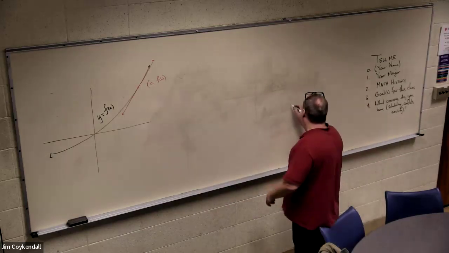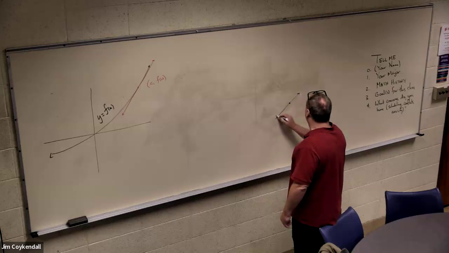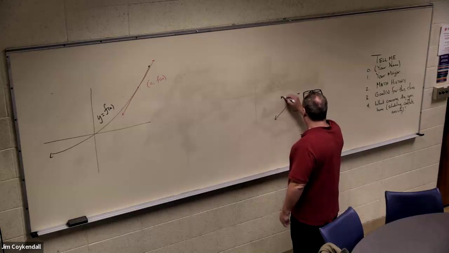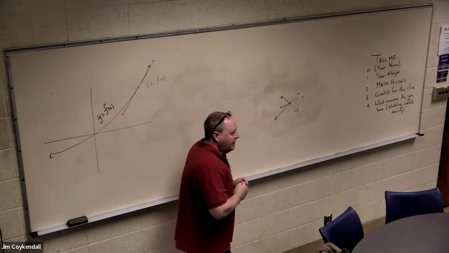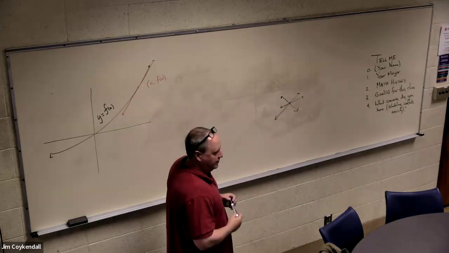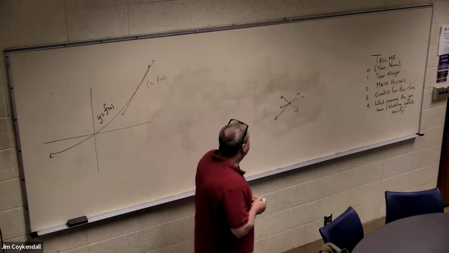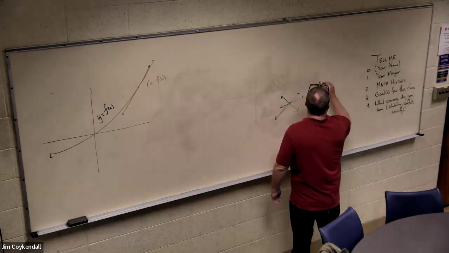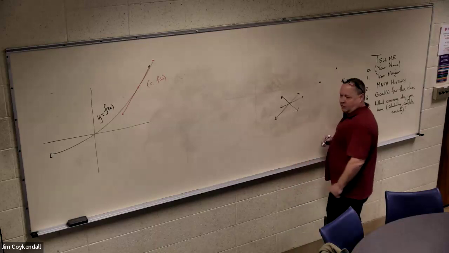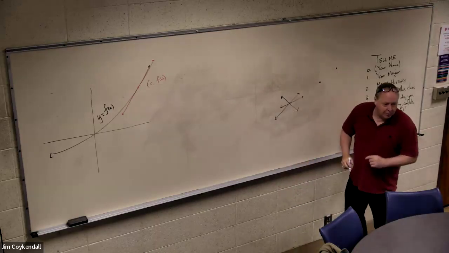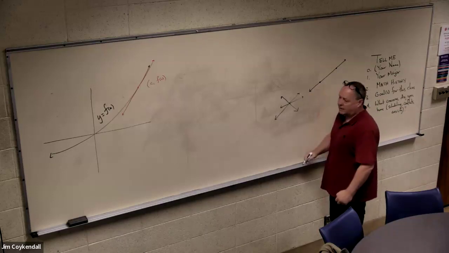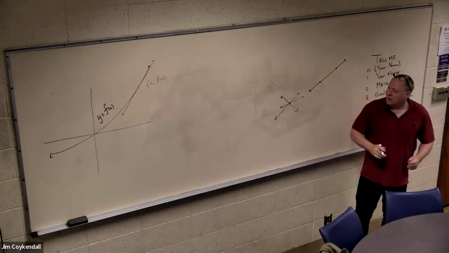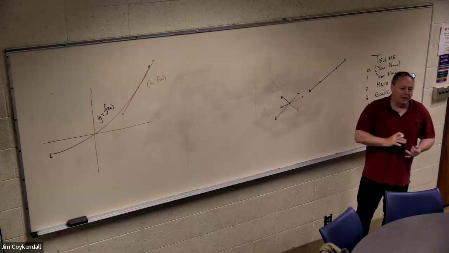Well, if you have a single point, the problem is there might be all kinds of lines. So you need a little bit more. 2 points will do it, right? Once I nail down these 2 points, as long as they're 2 different points, then I'm good to go. How about a single point and what other piece of data?